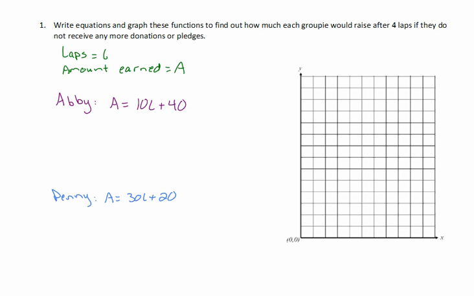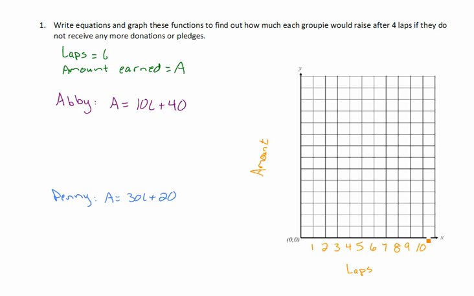So step 1 done. Now we're supposed to graph this. Again, making sure that we know how to label this correctly. The amount earned depends on how many laps we walked. So we know that amount is going to be our dependent and laps are going to be our independent. We'll go ahead and go by ones on our laps. Should get us to 10.